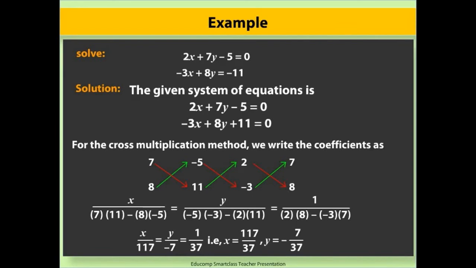That is, x upon 117 = y upon -7 = 1 upon 37. That is, x = 117 upon 37, y = -7 upon 37.